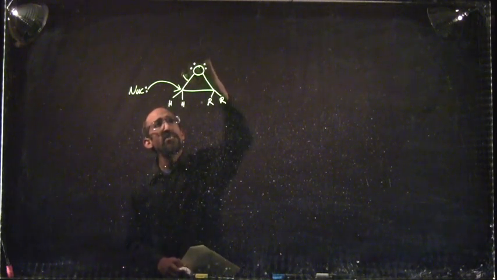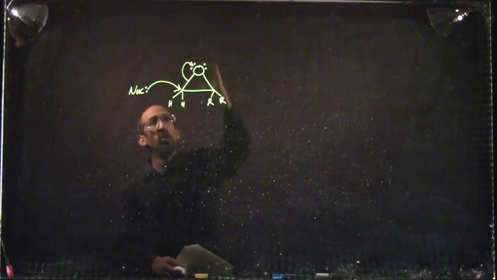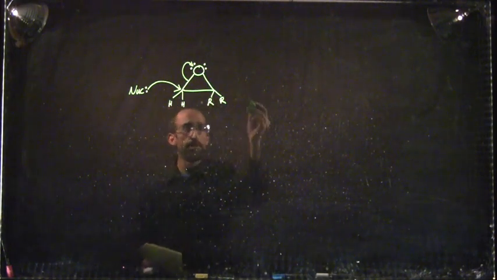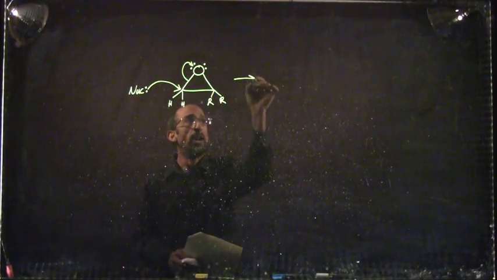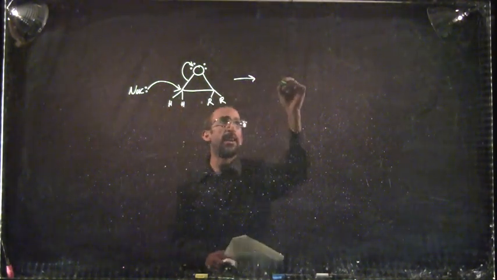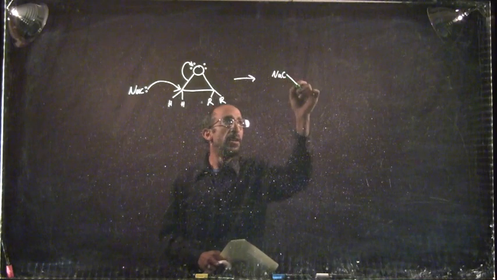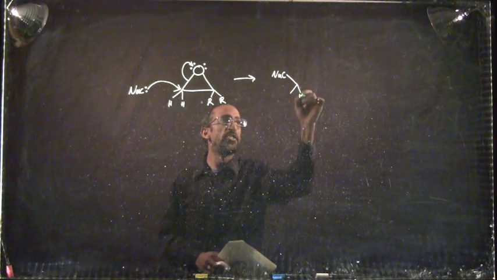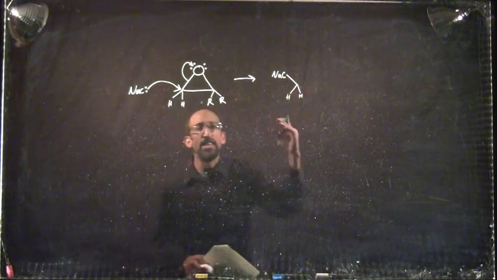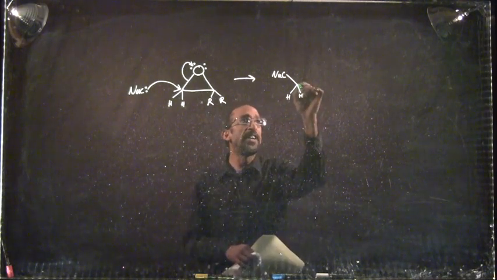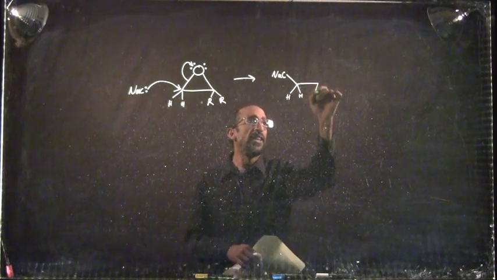That's going to break this carbon-oxygen bond, which is polarized and weaker than our carbon-carbon bond. O minus is going to end up being my leaving group, but that's okay because I've relieved so much ring strain that the molecule's potential energy is so low that it's fine dealing with having a strong base as a leaving group.